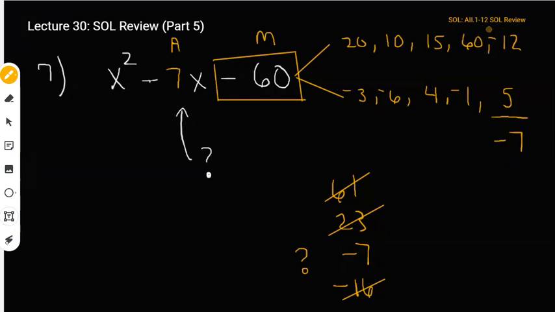Negative 7. So these are the only two numbers that'll work. Which means that this middle number has to be negative 7. And that's going to be C. So we're always multiplying to the last number, negative 60, but we're always adding up to negative 7, the middle number.